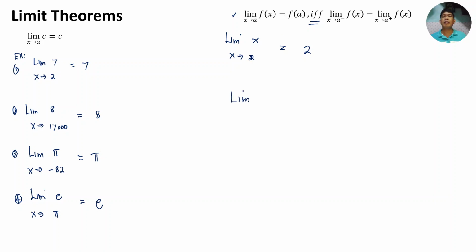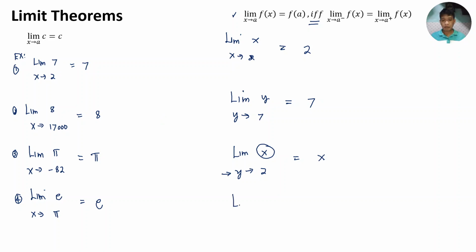Say limit of y as y approaches 7. This is equal to 7. Limit of x as y approaches 2. The answer here is x. Since ang variable natin dito is y, this x is treated as a constant, babalik tayo dun sa limit of c as x approaches any number will always be a constant.